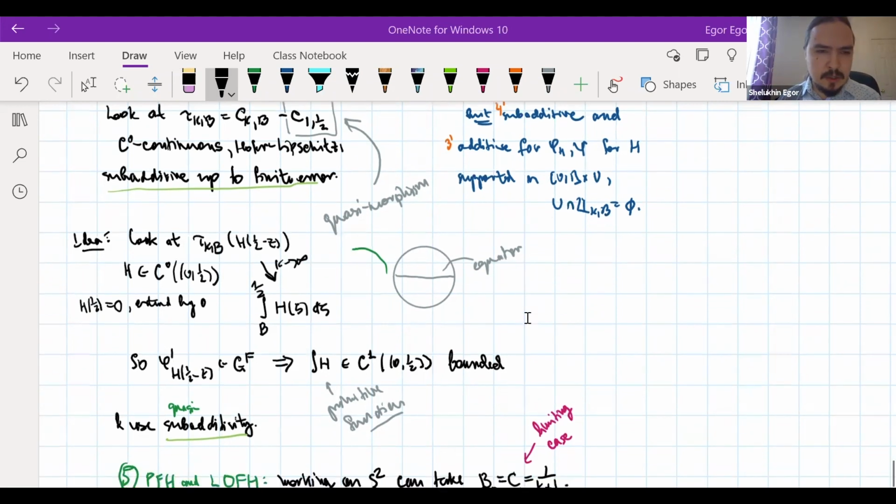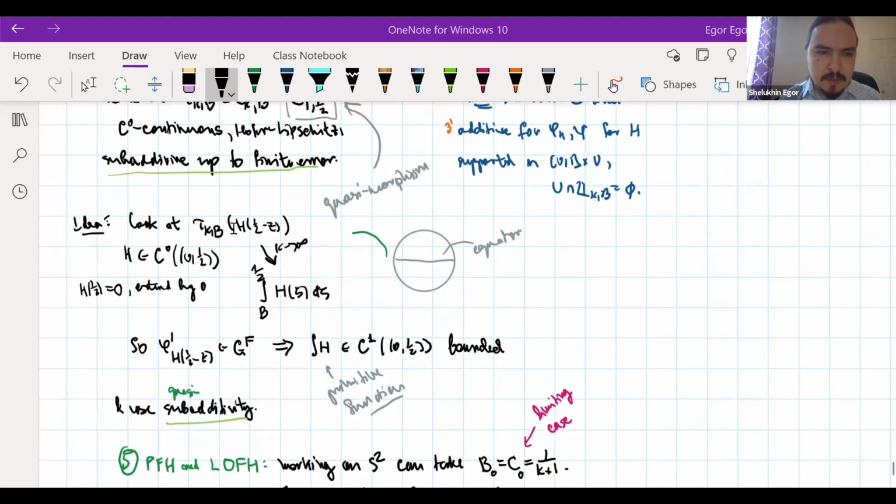And in our case, we have this additional parameter b, which is the area of the cap. So we are able to prove that the primitive function must be bounded, rather than its value at 0, or at 1/2, depending on how you like.